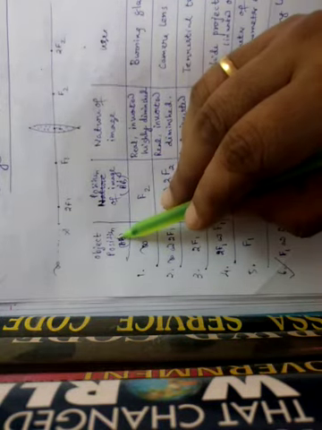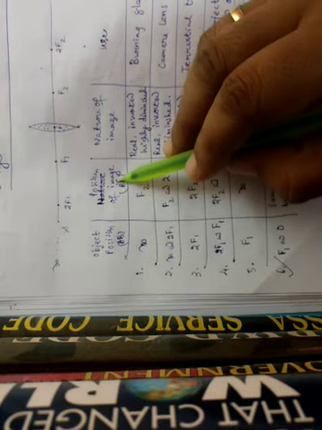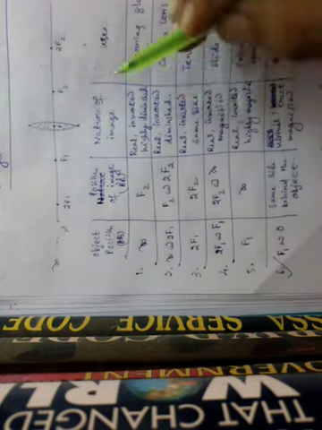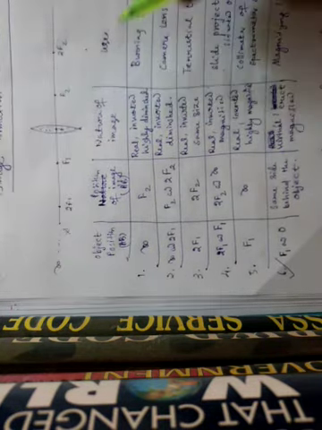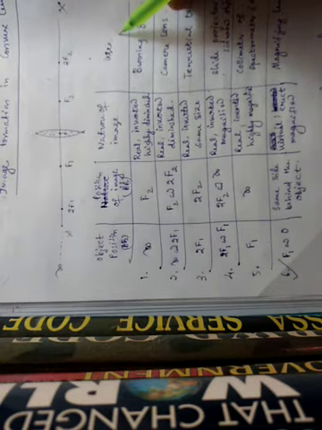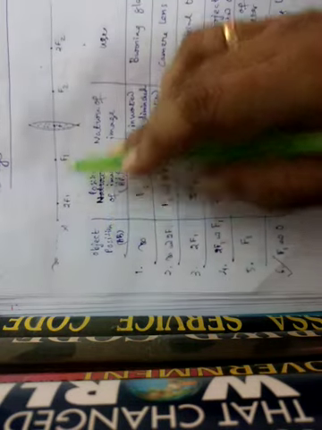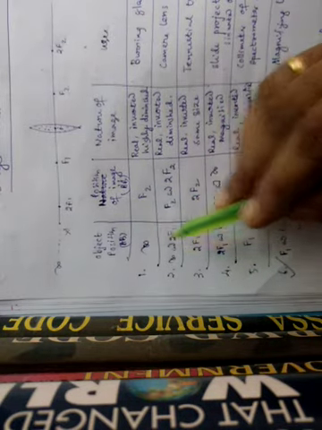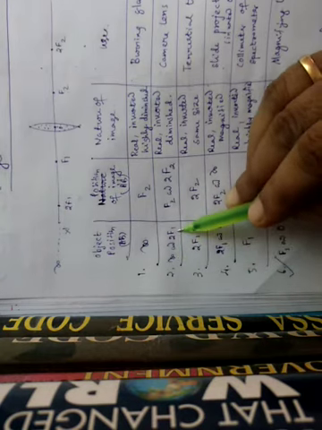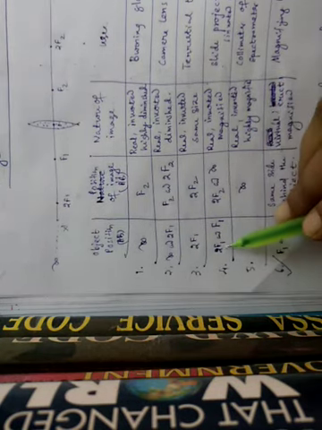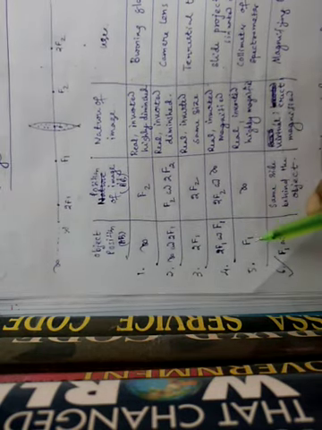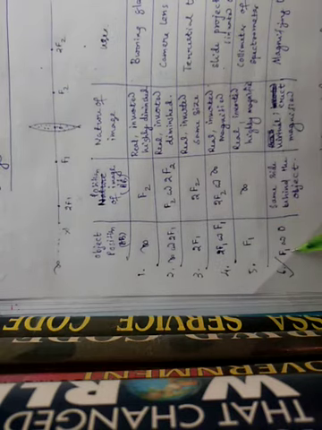This is the position of the object, this is the position of the image, and this is the nature of the image, and this column is meant for the uses of the various positions of the object. First we write down the object positions that we have discussed: starting from infinity, between infinity and 2F1, 2F1, between 2F1 and F1, F1, and the last one between F1 and the optic center.